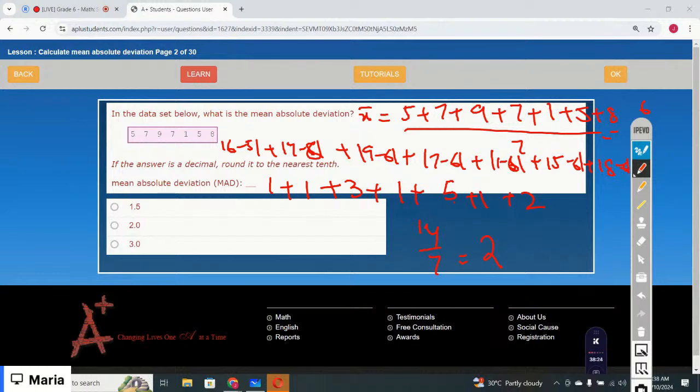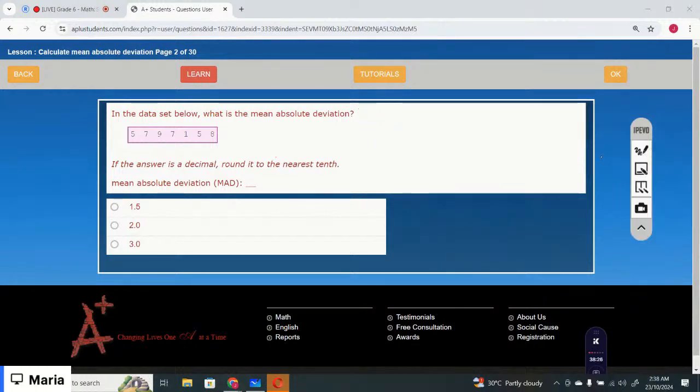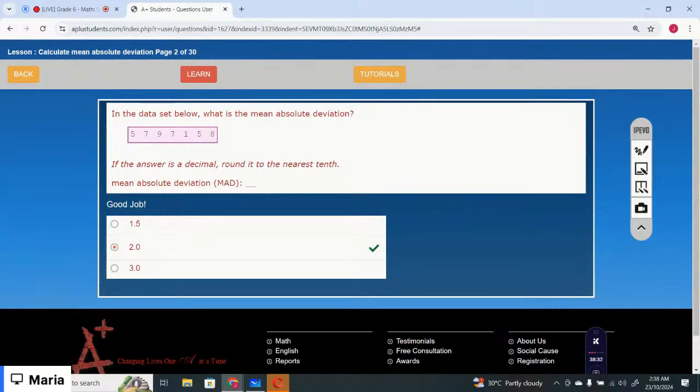So the correct option is 2. Got it? So these are the steps you have to follow when you have to calculate the mean absolute deviation.